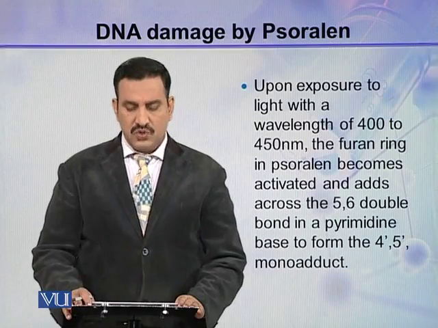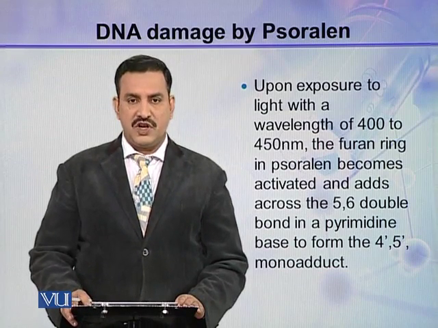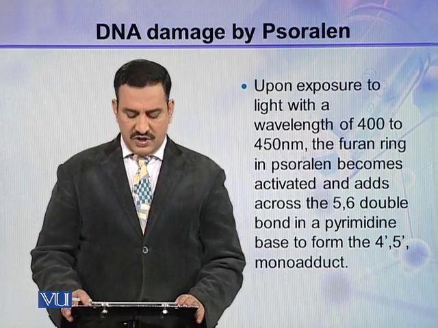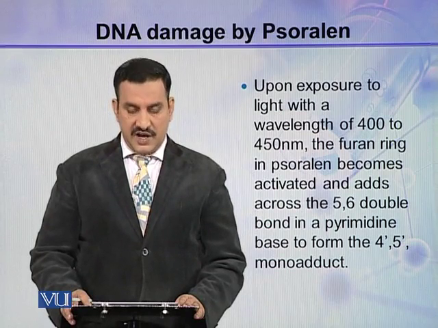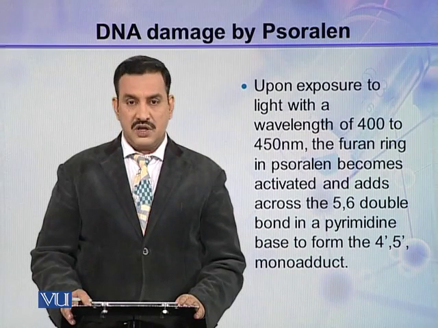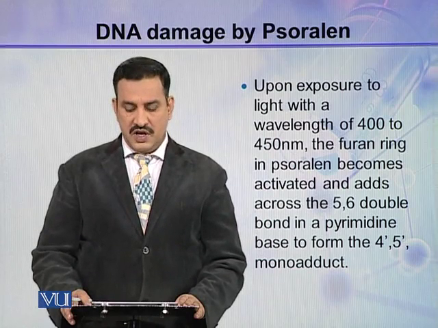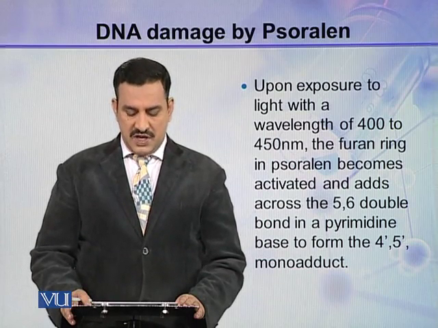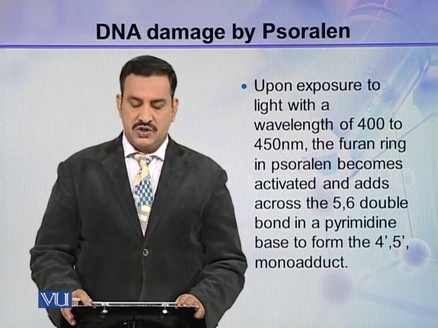Upon exposure to light with a wavelength of 400 to 450 nanometers, the furan ring in the psoralen becomes activated and adds across the carbon 5 and carbon 6 double bond in a pyrimidine base to form a 4',5' monoadduct.